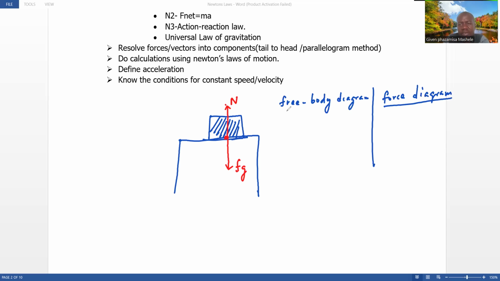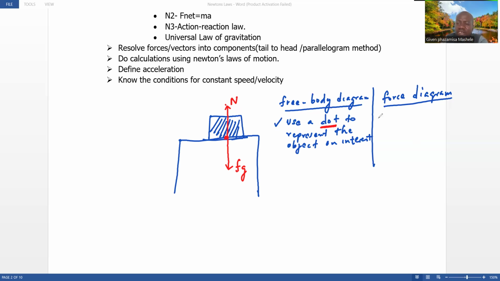In a free body diagram, instead of drawing the shape of the object, we actually use a dot to represent the object of interest. So we use a dot to represent the object of interest.